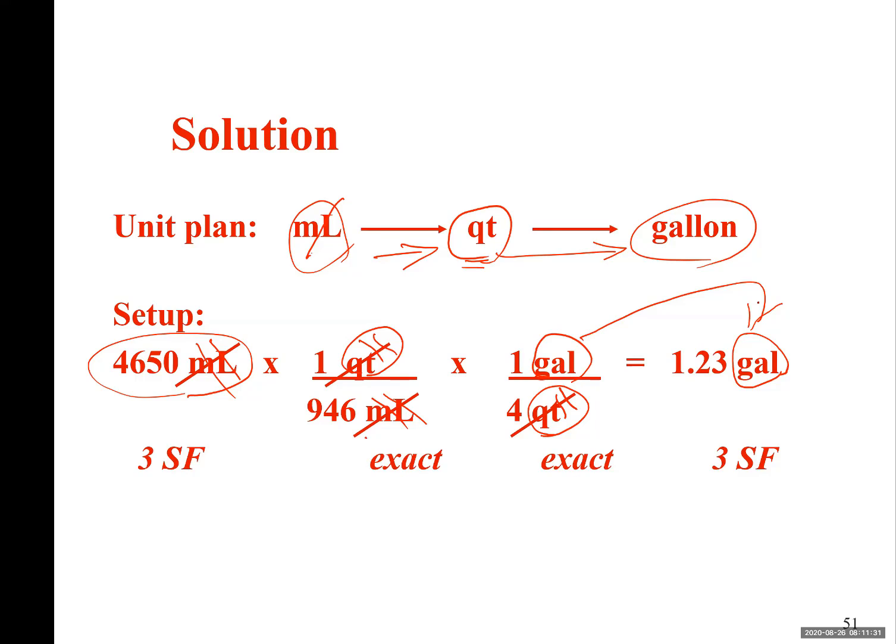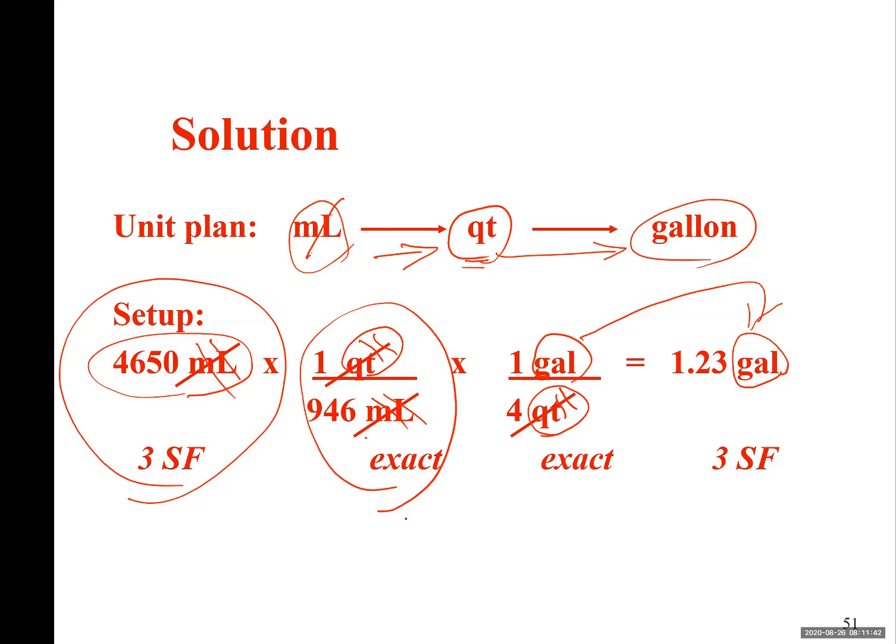So you just do the calculations and you are going to round it to the significant figure which is minimum. Again, these two are coming from an equation. They have infinite significant figures. Infinite significant figures means exact. And we have an exact equation here because it's coming from an equation, an equality.